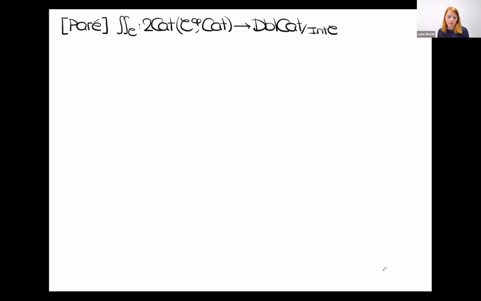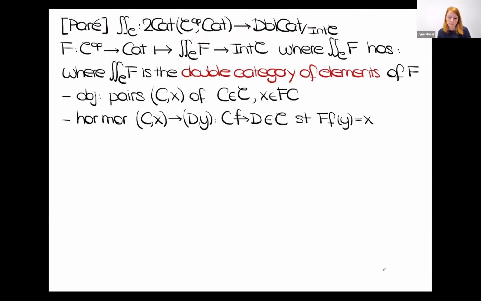And so Paré constructed a Grothendieck construction from these two-presheaves to double categories over this horizontal double category associated to C. This double category of elements has, again, the same objects and morphisms as before. So objects are pairs of an object C in C and a morphism X in FC.